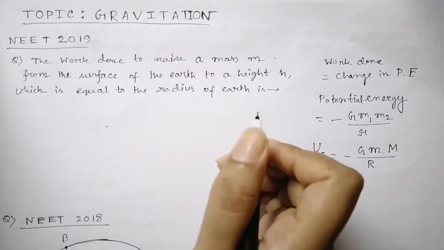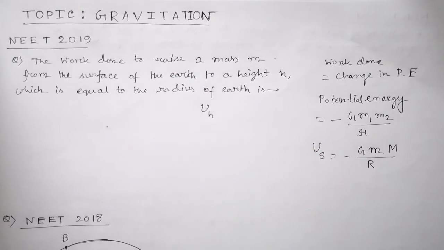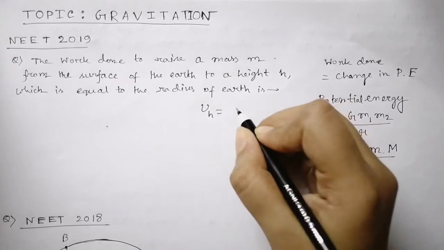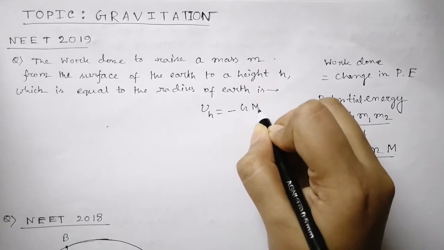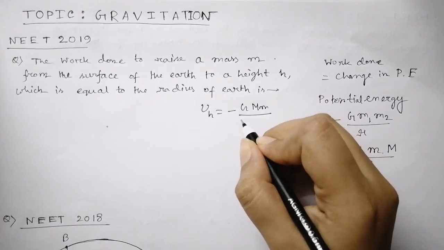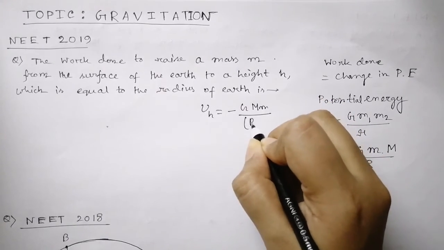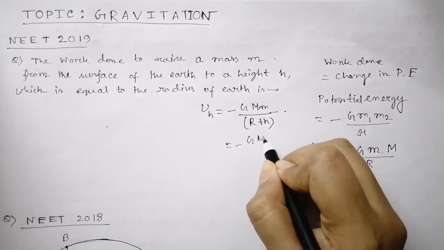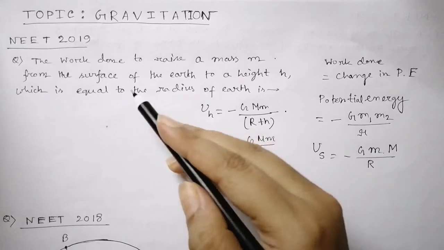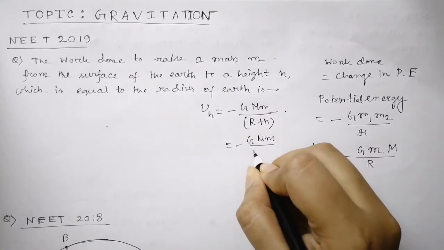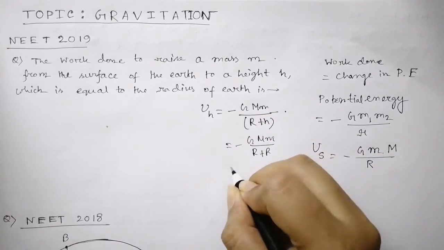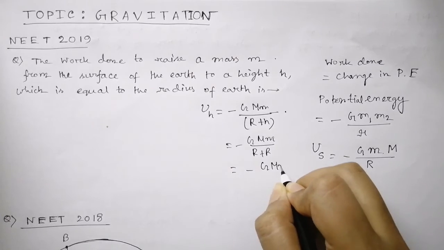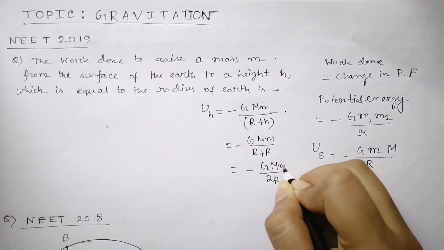Now at a certain height h, the potential energy will be minus G M m divided by R plus h, and it is given in the question that h is equal to the radius of the earth. So I can put R plus R, that means minus G M m by 2R.